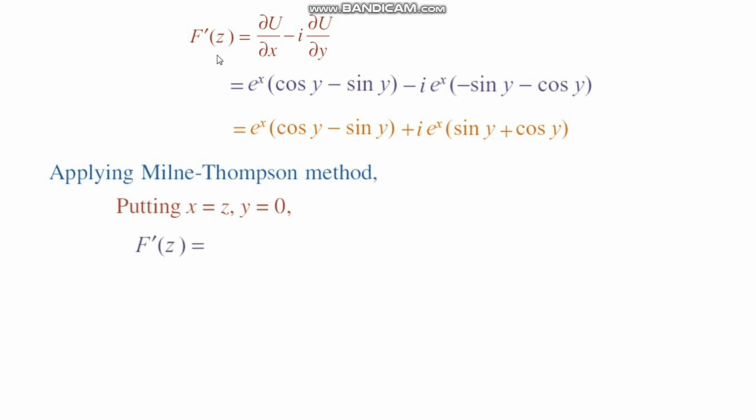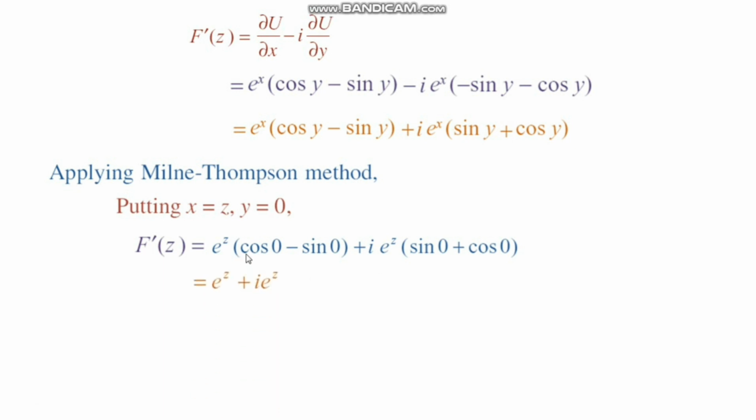F'(z) equals, in all places of x we write z, and in all places of y we substitute 0: e^z (cos 0 − sin 0) + i e^z (sin 0 + cos 0).